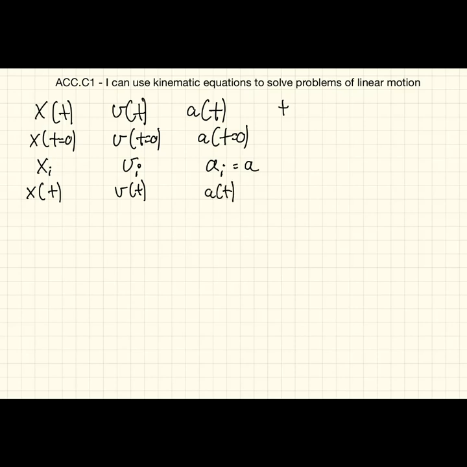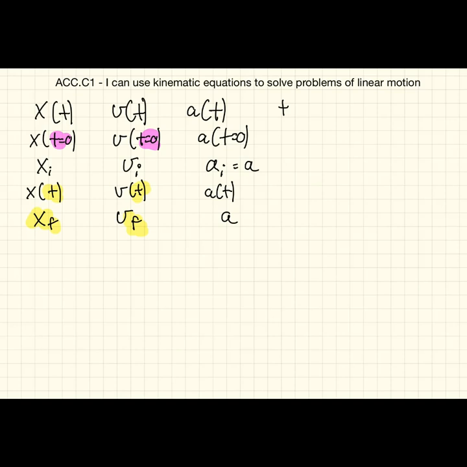But like I said, it's usually just going to remain a constant, whether it's 0 or a number. And so we could think of this second position as x final and the second velocity as v final. Again, it's just shorthand for saying what is the position at this later value of time, not when time equals 0.